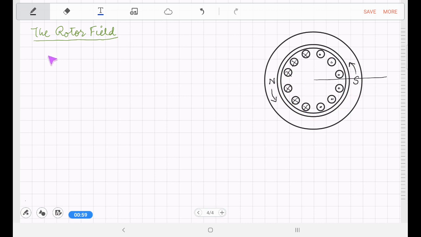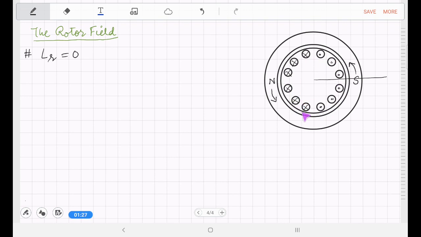We had initially assumed the rotor inductance to be equal to 0, and for that case, the currents in the rotor are in phase with the EMFs induced in the conductors, and therefore the current distribution is the same as the EMF distribution in the conductors.